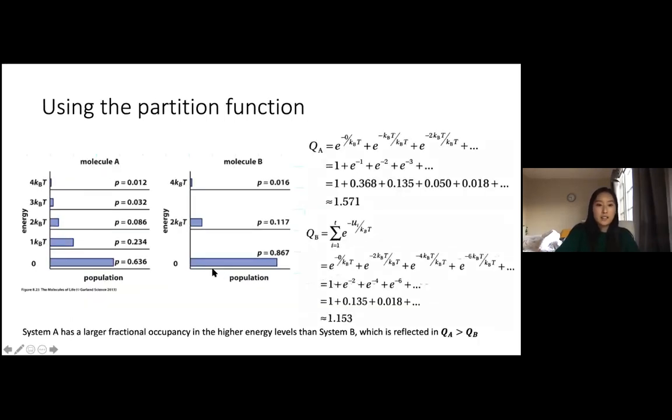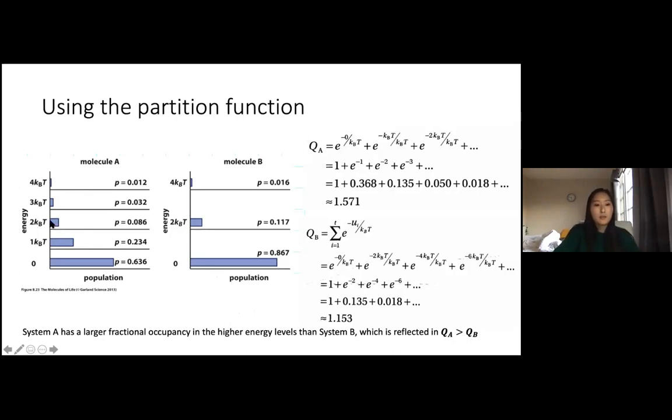So let's say we have two systems again. Hopefully you can see that system A has a greater percentage of its molecules in the higher energy levels than system B. What do I mean by higher energy levels? It's arbitrary which energy levels you look at, but let's just look at the energy levels above 2 kBT.